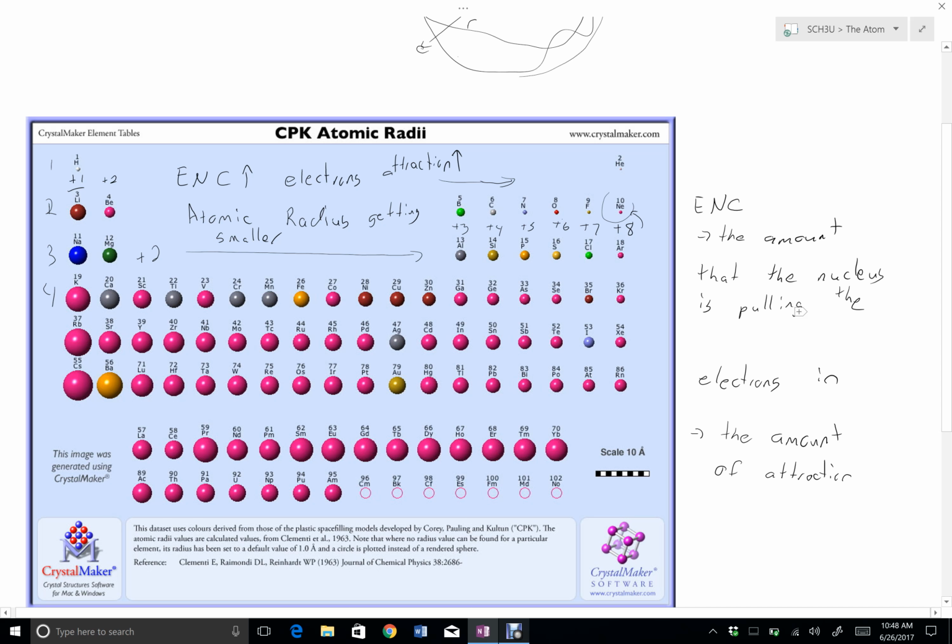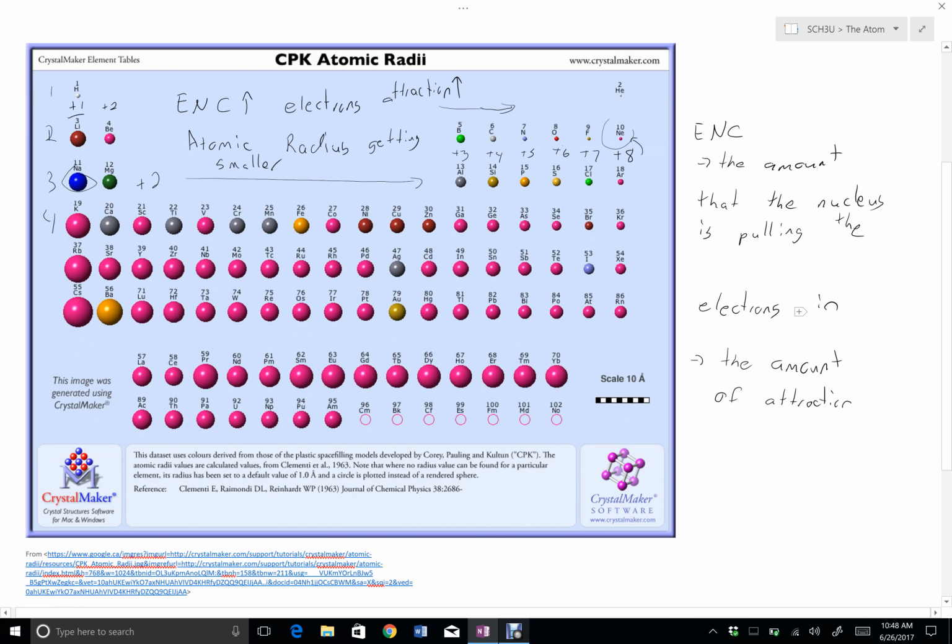Then, starting a whole new shell, we start back over at the effective nuclear charge of +1 with sodium, and as a result the atom gets quite large due to the lack of attraction again. When we go from top to bottom, this trend is fairly straightforward. Every time we add a new shell, new shells are always larger, and so the atomic radius is getting larger.